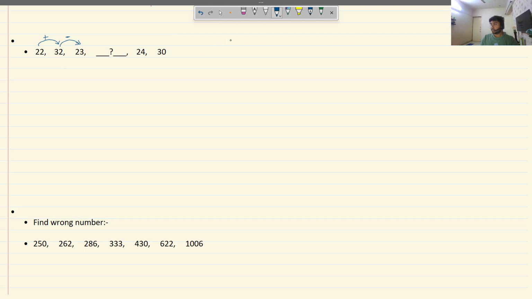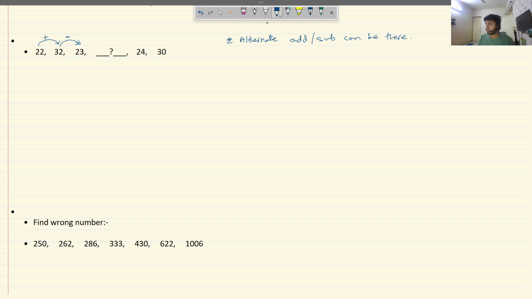So there is a chance that alternate addition or subtraction can be there. I'm not sure, but this is my first observation from the series, and I will start thinking in those lines. I'll not go and think in the lines of cubes and squares or multiplication.